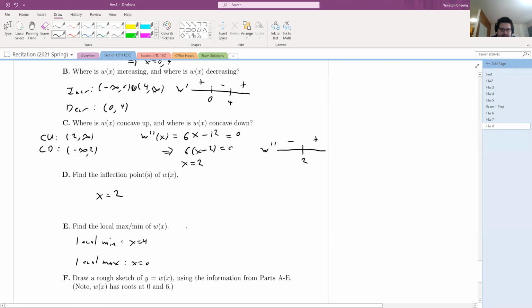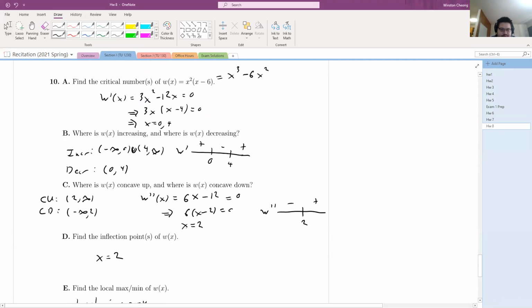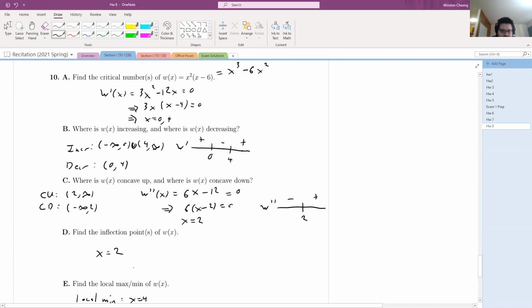So I should plug these into the w function. So let's see, w of 2 is going to be 4 times minus 4, which is negative 16. So I have the point 2 comma negative 16 on my function.